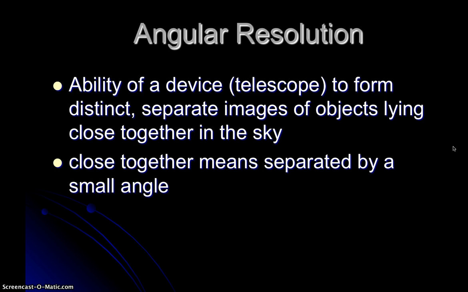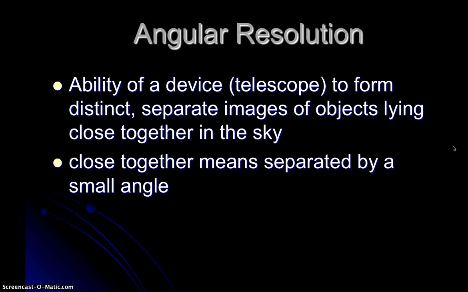Close together, remember, we measure the closeness of something in the sky by an angle. So we actually want our angular resolution to be small because we want our objects to have a very small angular separation and still be able to be seen as separate objects. So that sometimes is confusing, that in terms of light gathering power, we want it to be big.